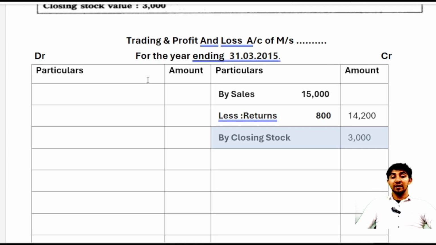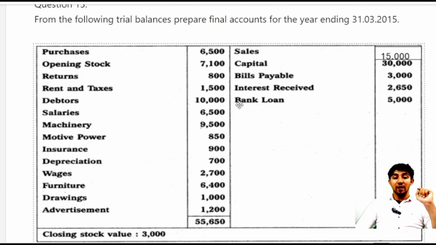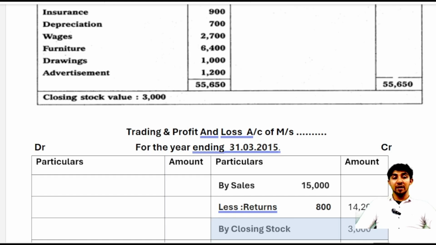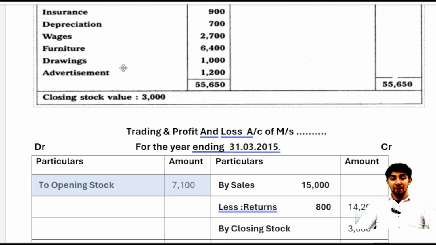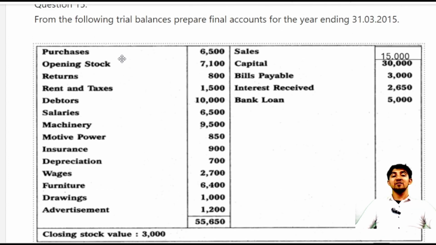Now let us write the first item of trading account. In trading account, the first item on the debit side is opening stock. So the value of opening stock is 7,100. Now we'll move towards the debit side and write 7,100 opening stock. Then after that, the second permanent item of trading account is purchases, that is 6,500.